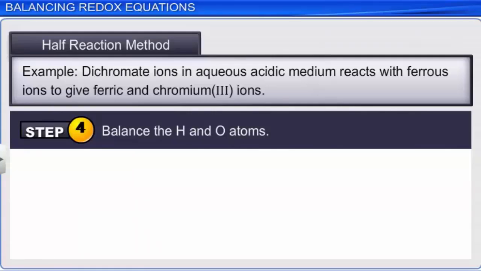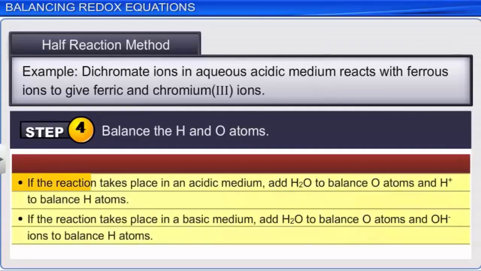If the reaction takes place in an acidic medium, add H2O to balance O atoms and H+ to balance H atoms. If the reaction takes place in a basic medium, add H2O to balance oxygen atoms and OH- ions to balance hydrogen atoms.